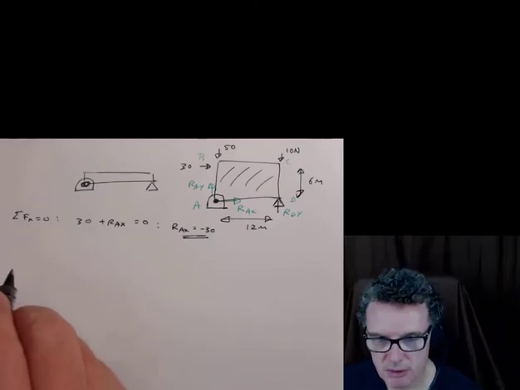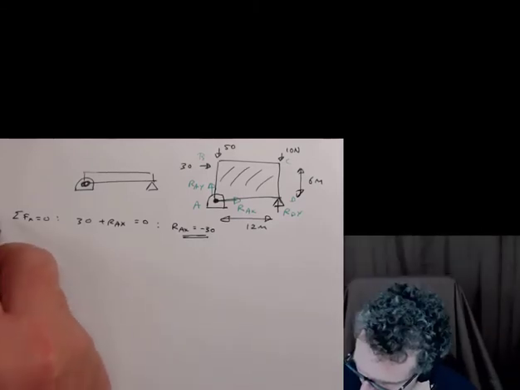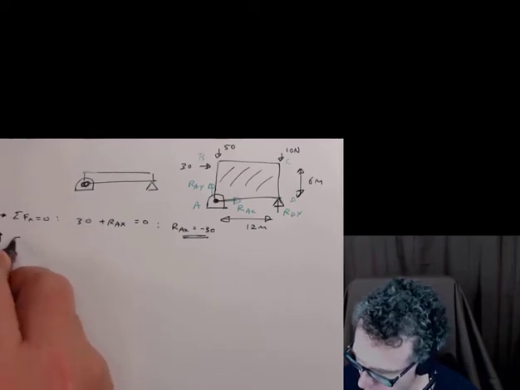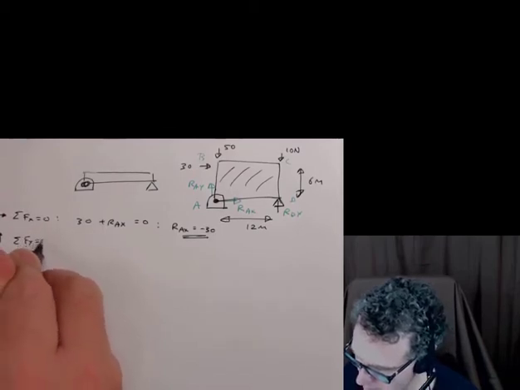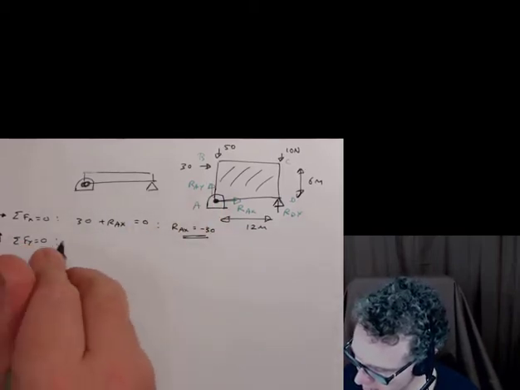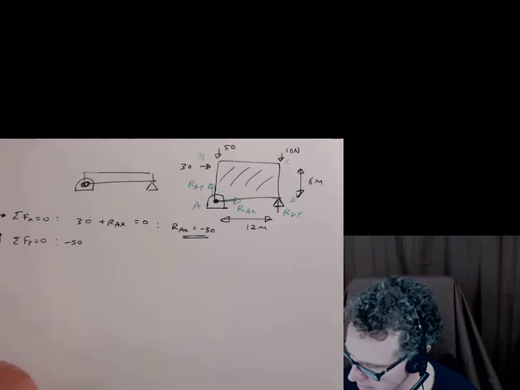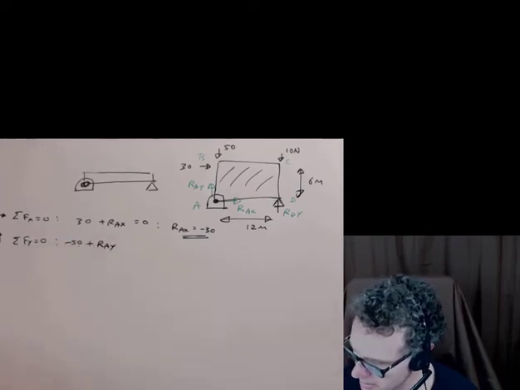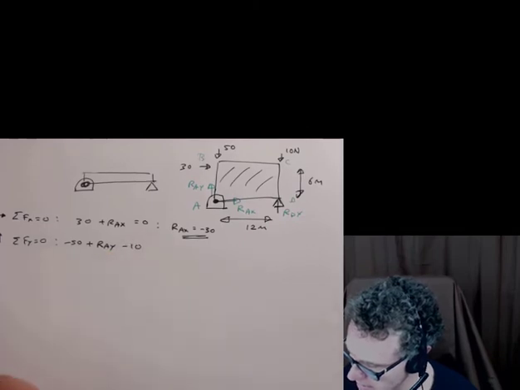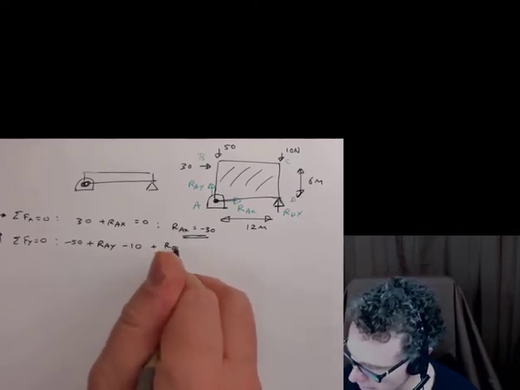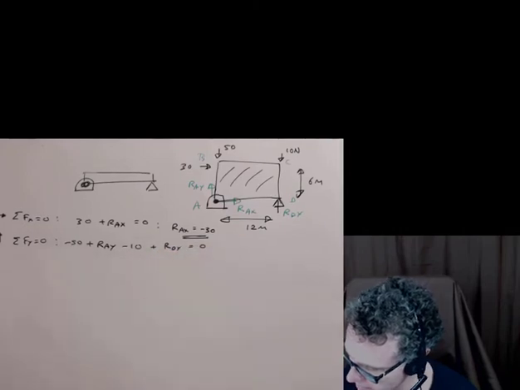Next, let's sum up the forces. And I went left to right. Sum up the forces going upwards. And what do we have there? Well, I've got 50 coming downwards, so that'd be minus 50. I've got plus RAY going upwards, and then I've got another 10 coming downwards, and then I've got RDY going upwards.